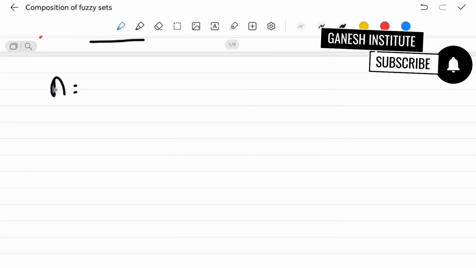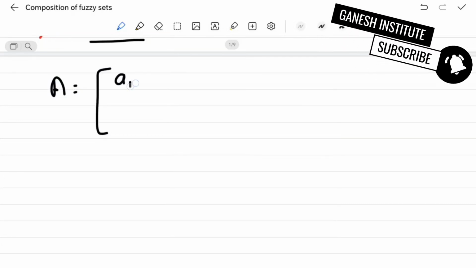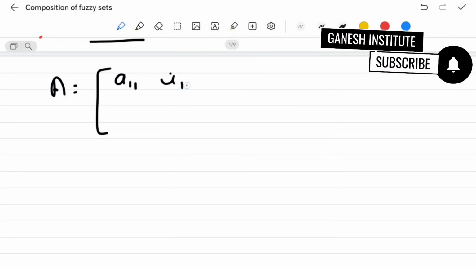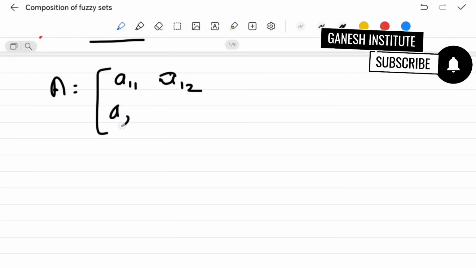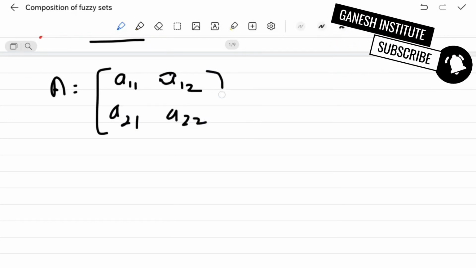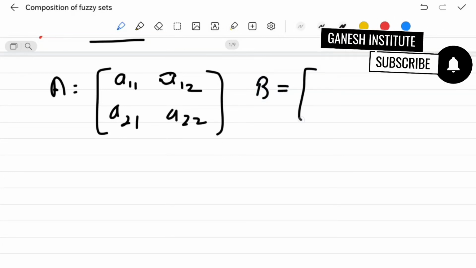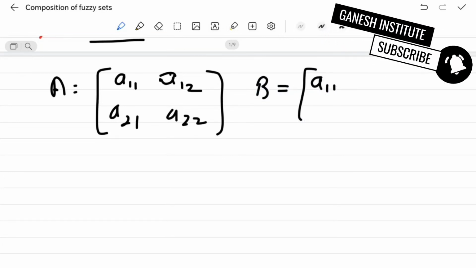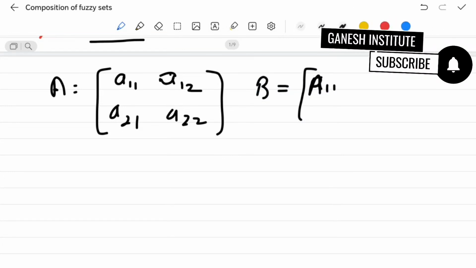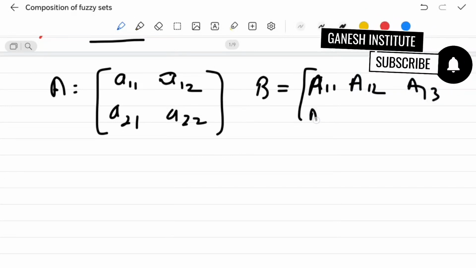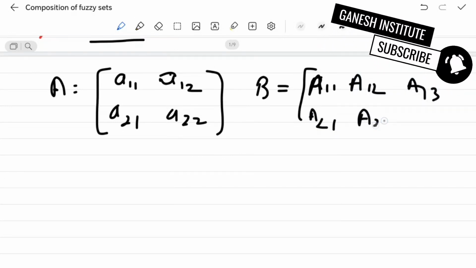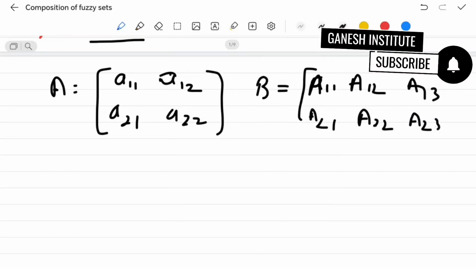Let's say I have a matrix having elements A11, A12, A21, A22, and another matrix, let's say B, which is B11, B12, B13, B21, B22, B23.